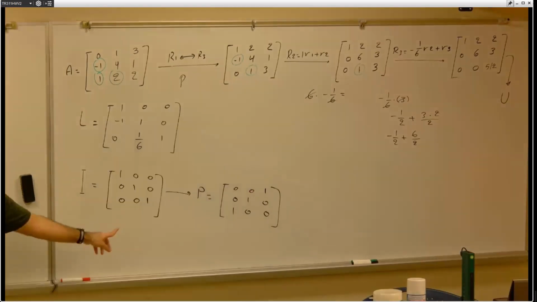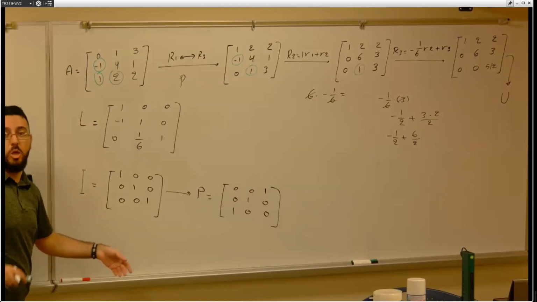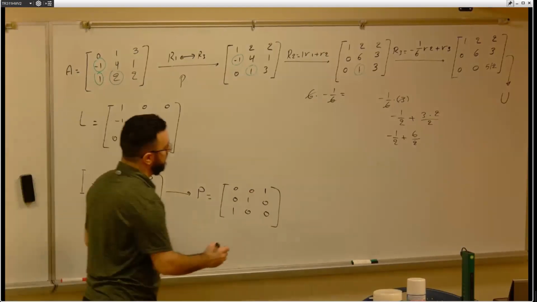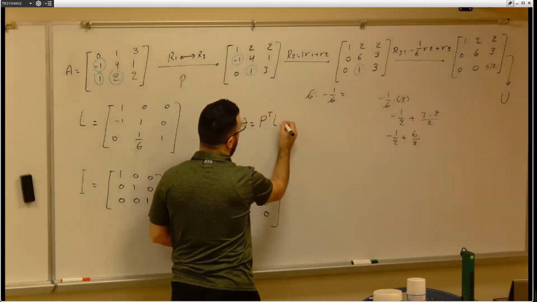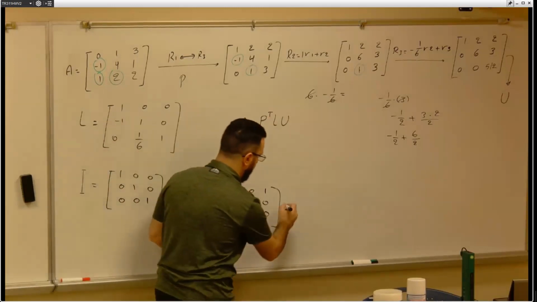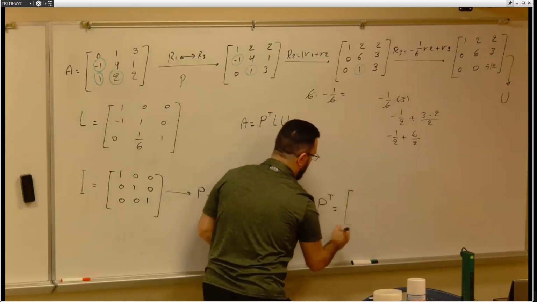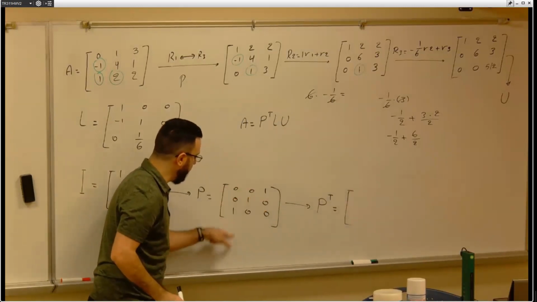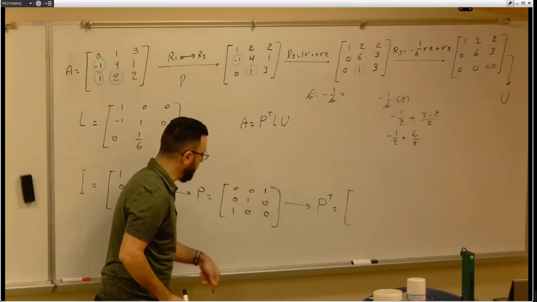I need to find now what? The P transpose. Because check here, A equals what? A equals P transpose LU. I have the P. The transpose: the first row is going to be the first column, the second row is going to be the second column, the third row is going to be the third column.